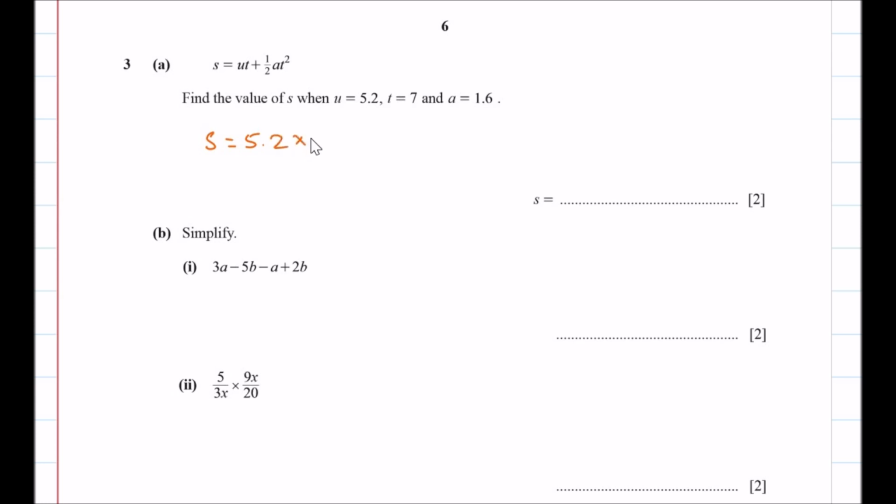into t, which is 7, plus half into a. A is 1.6 into t square. T is 7, so 7 square.